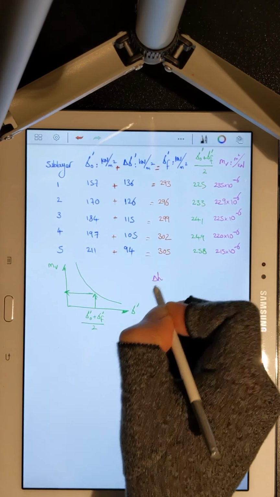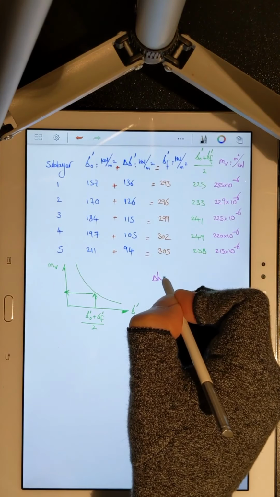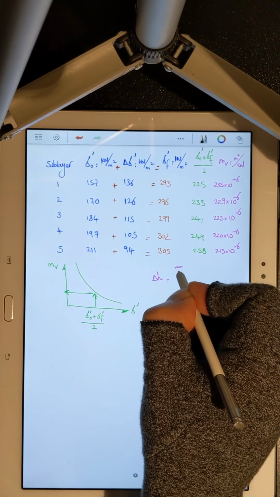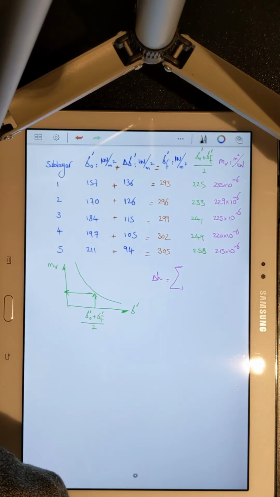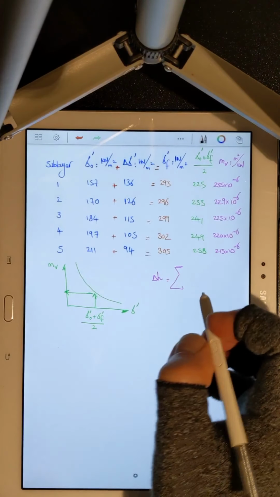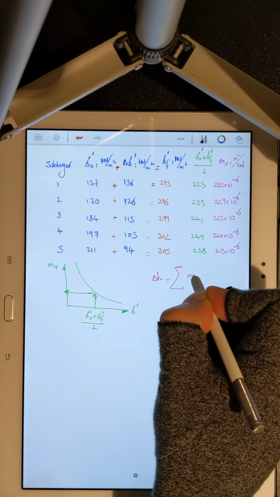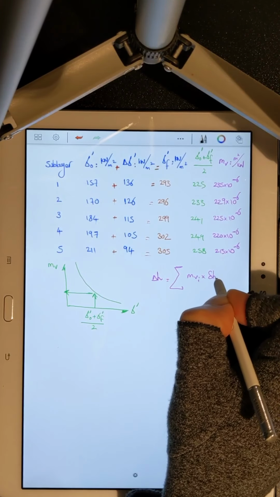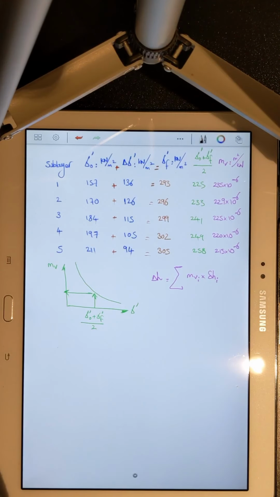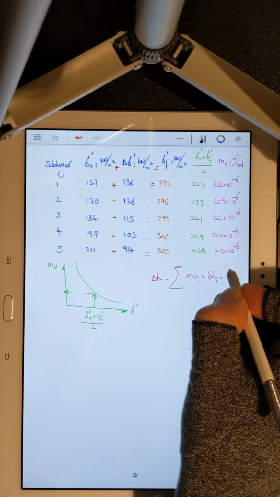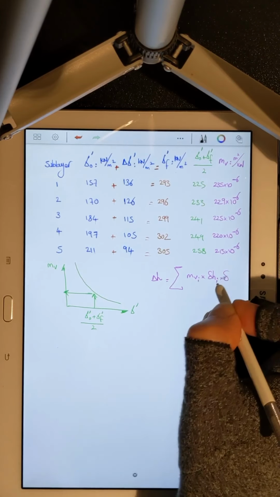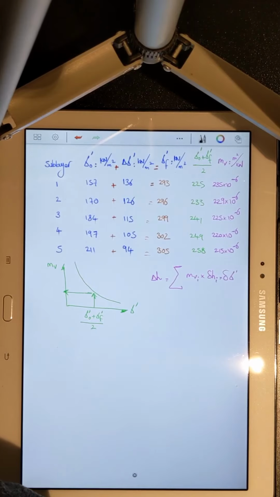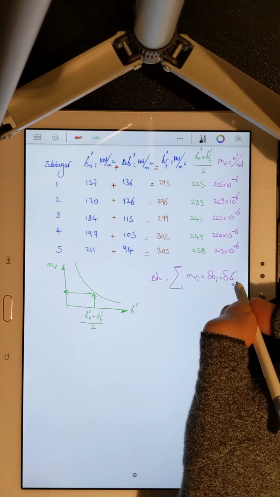Delta H, consolidation settlement, is equal to the sum of all consolidation settlements for each of these sublayers, M sub v for layer i multiplied by the thickness of sublayer i multiplied by the change in effective stress at soil layer, let's say i.